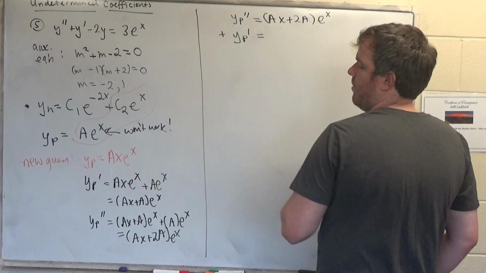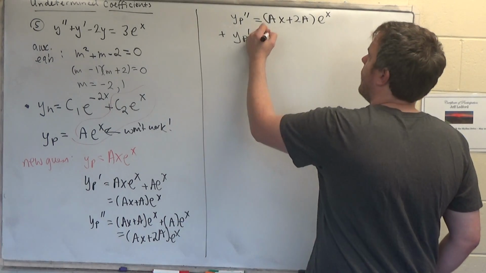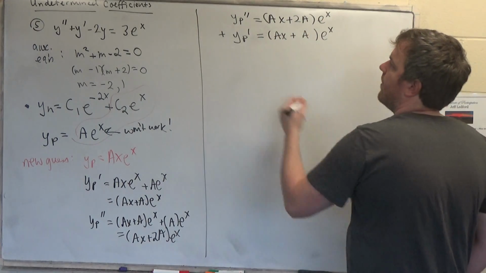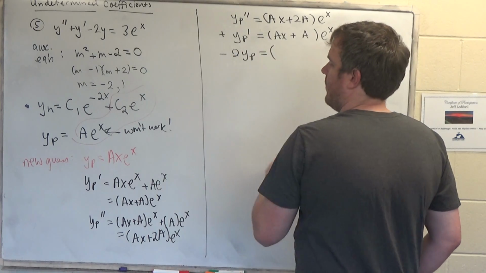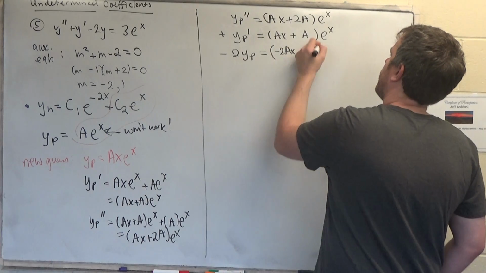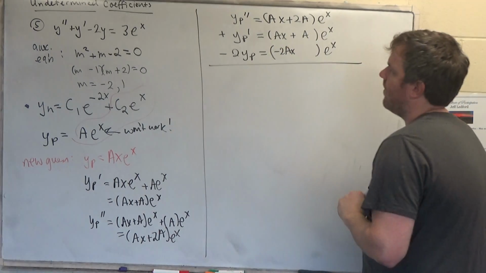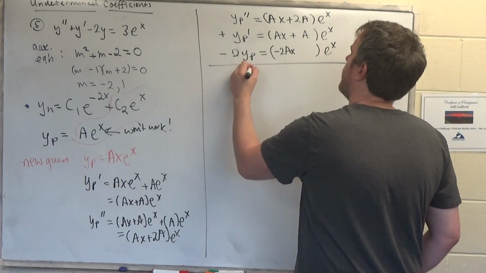Plus yp prime is, let's see, it's here, so (ax plus a) e to the x. Minus 2yp is minus 2ax times e to the x. When I add these together, I'm supposed to get 3 e to the x.